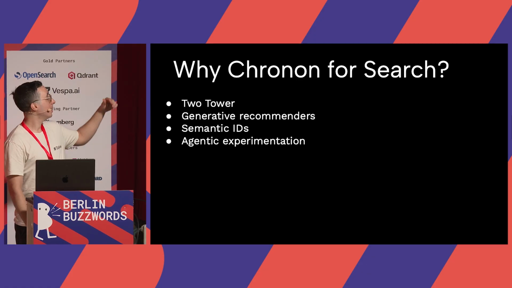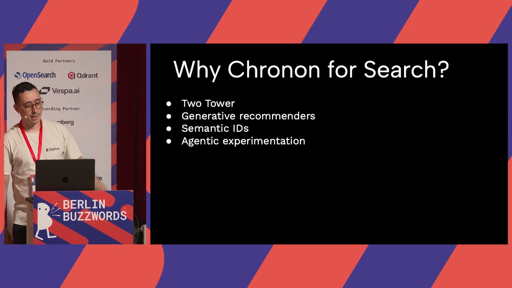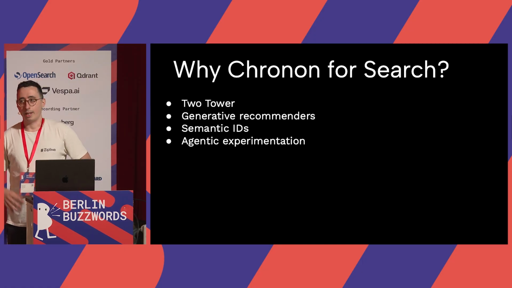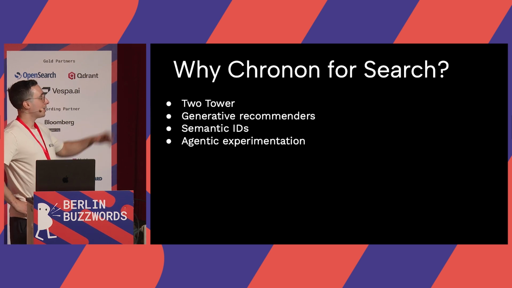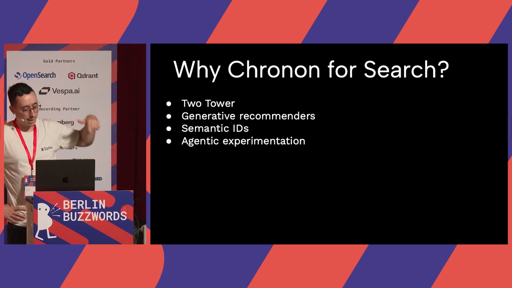Generative recommenders, especially things that use semantic IDs, have been new architectures that have brought new data infrastructure requirements in the last year or two. And lastly, agentic experimentation is an interesting one that I want to dig into towards the end if we have time. That's because search is obviously a high-value use case, so anything we can do to improve the experimentation loop there and get better results tends to drive business value as well.